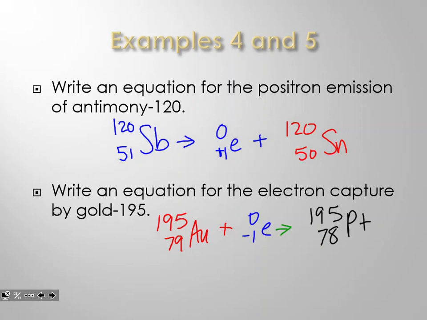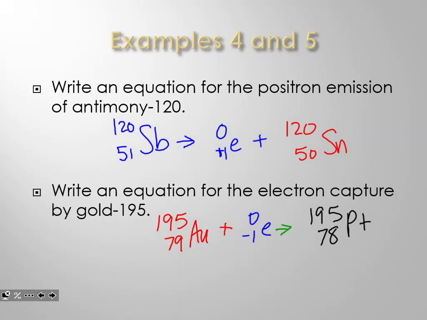It doesn't tell me that there's a gamma involved. If it told me there was a gamma involved, yes, I would add it in. In this particular case, it doesn't tell me that gamma radiation accompanied this process.